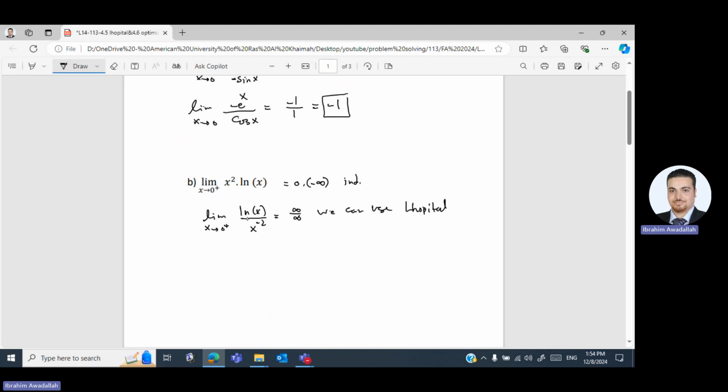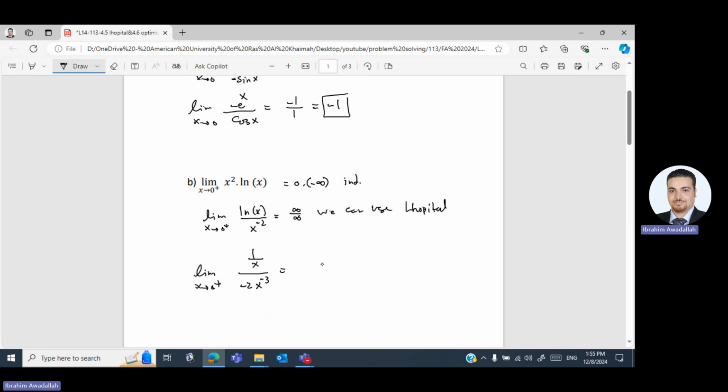Find the derivative of the top, find the derivative of bottom, derivative of ln x, 1 over x, derivative of x to the power minus 2, minus 2, x to the power minus 2, minus 1, it's a minus 3. Limit x goes to 0 from right, which means 1 over x and 1 over x to the power 3.